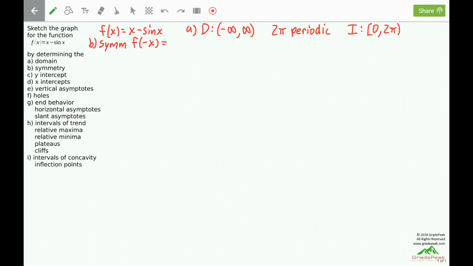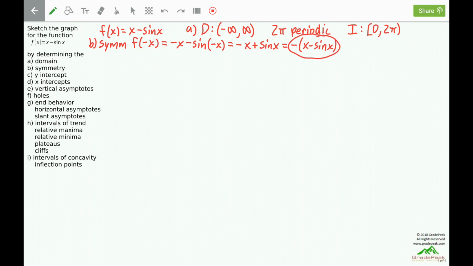F of negative x is negative x minus sine of negative x. So that is negative x. Sine of negative x has an identity that it equals negative sine of x. The double negative will make positive sine of x. We can factor a negative out of here, and that will leave behind a positive x and a minus sine of x.